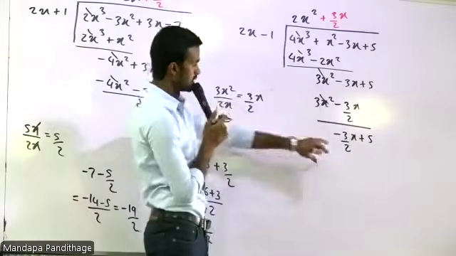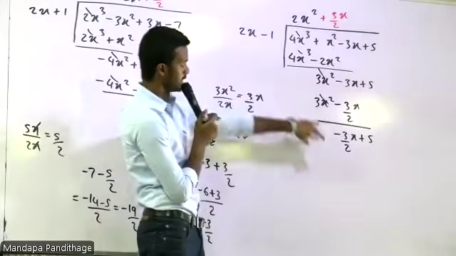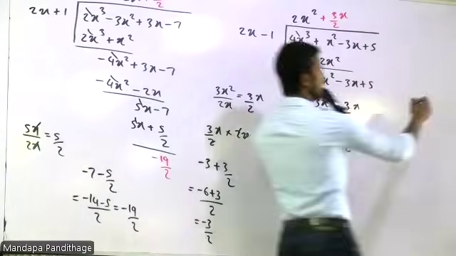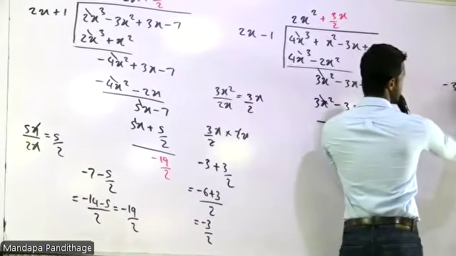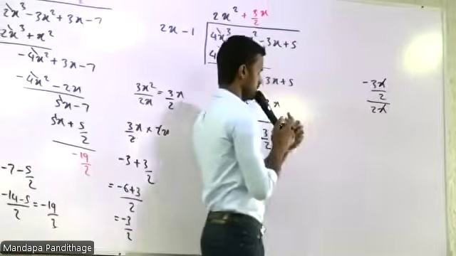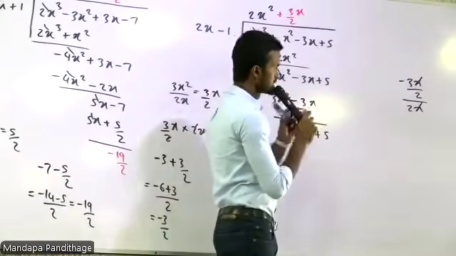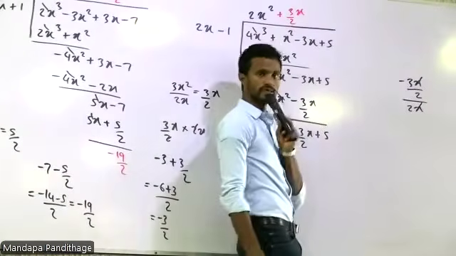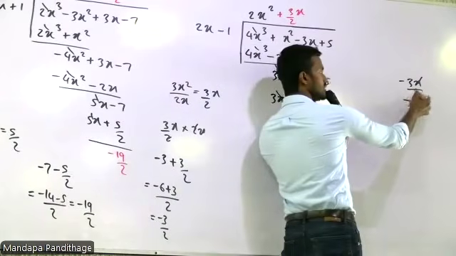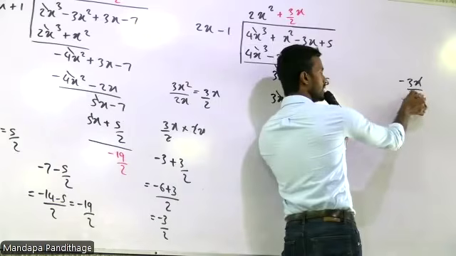Here look what happens. You have to divide this by this. Okay. So you have to divide minus 3x over 2 by 2x. X cancel off. No? Can you remember in basic mathematical concepts, we did this fractional simplification. And this 2 which is in the denominator, it directly comes down.